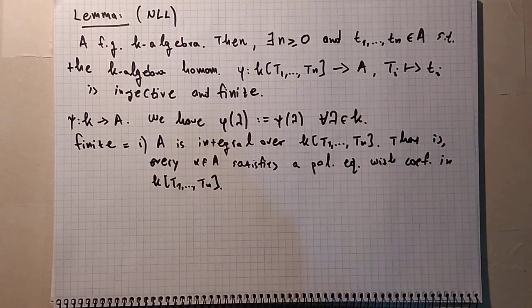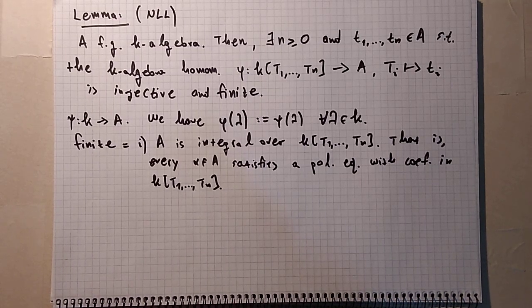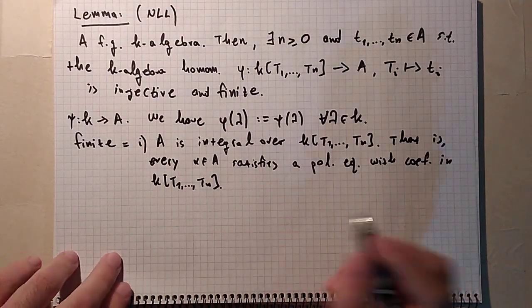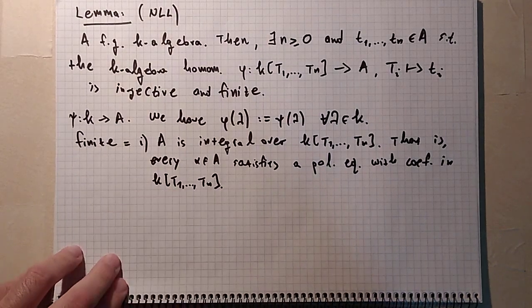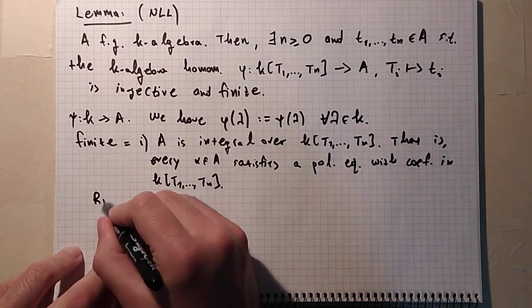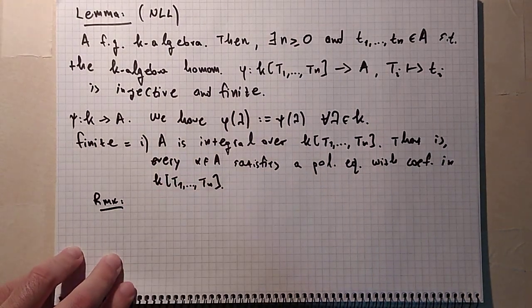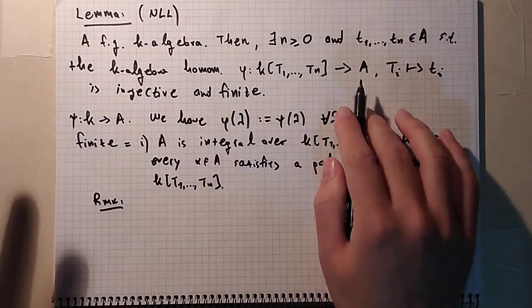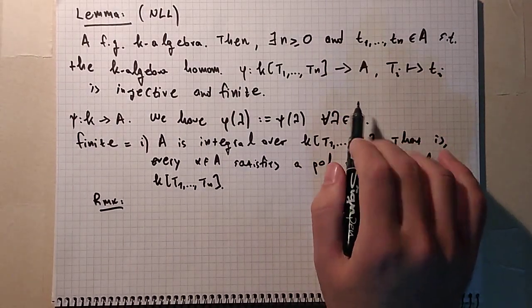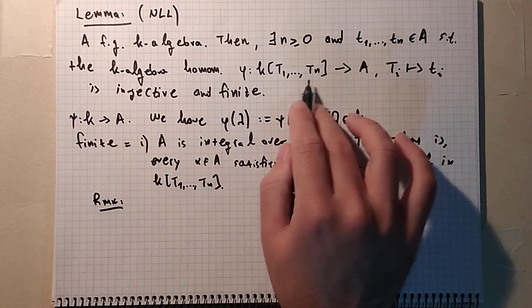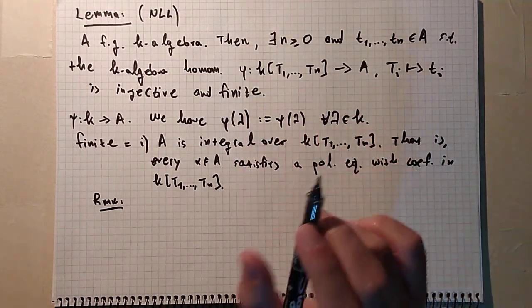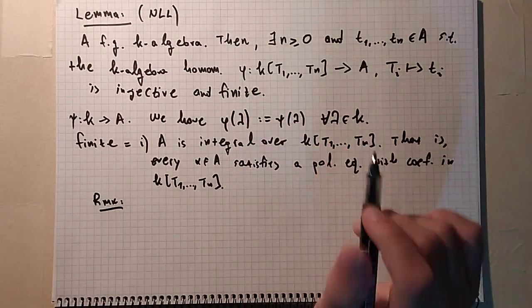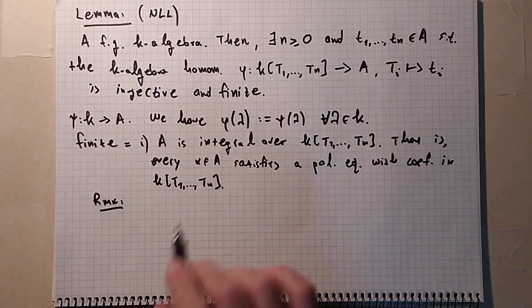So I want to make a small remark, which is not that important, but I should mention it because it's bugging me. Since A is a ring, and I also have this ring homomorphism phi, by definition this means that A is an algebra over this polynomial ring, right?